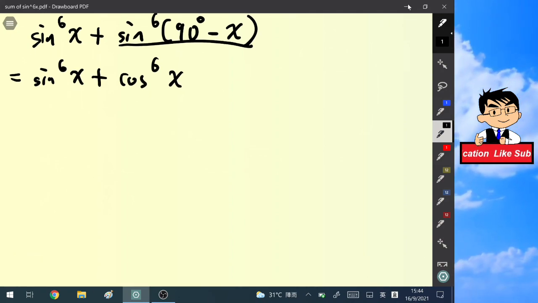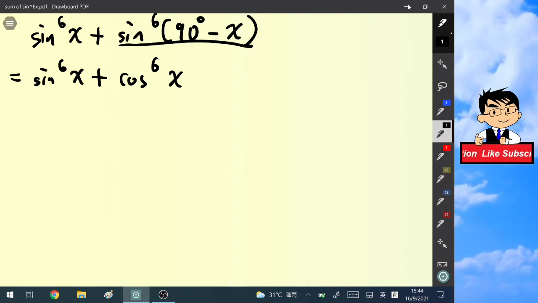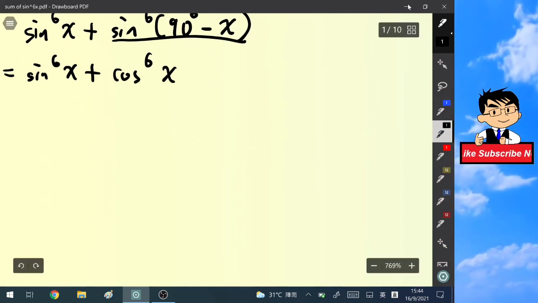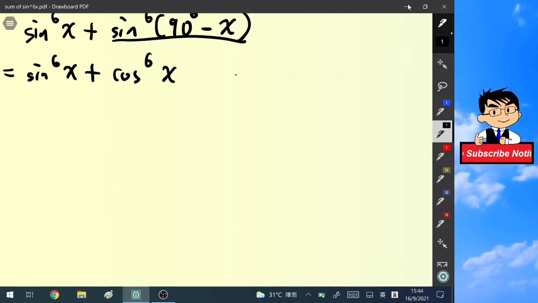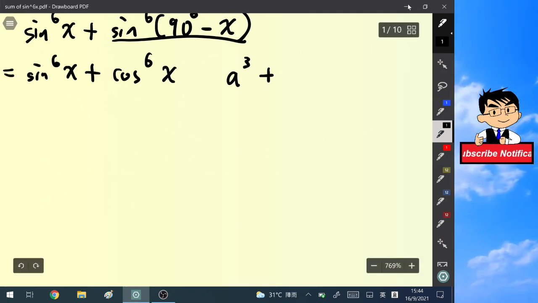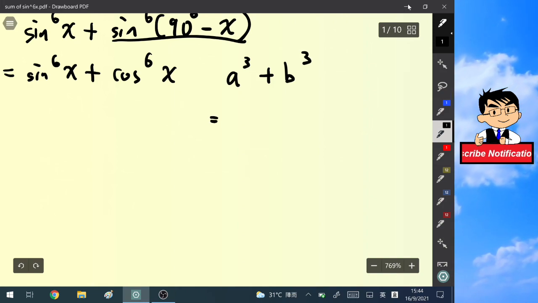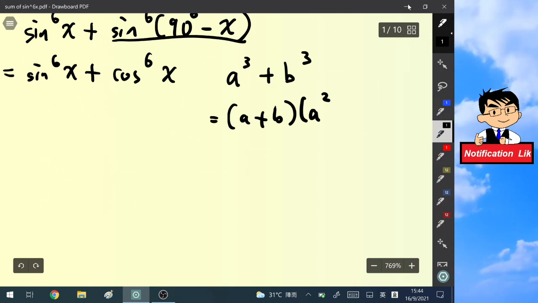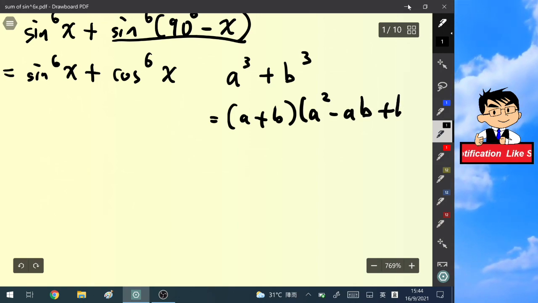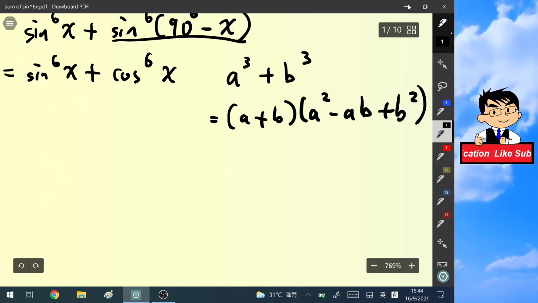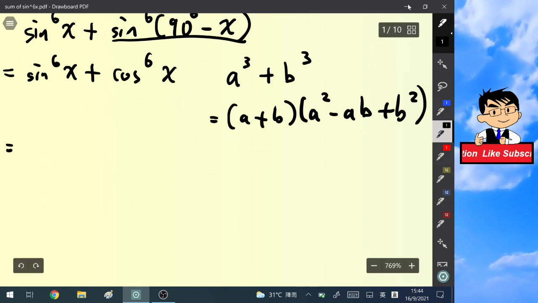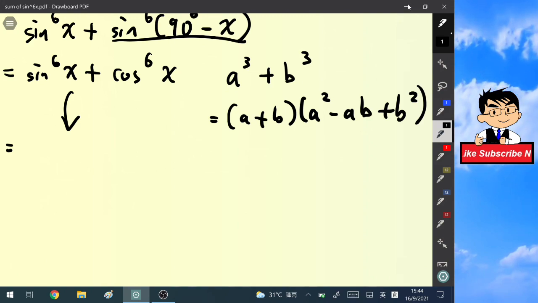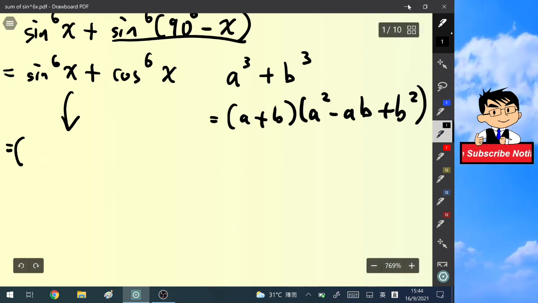The sum of the two terms with power of 6 reminds me of the cubic identity: a cube plus b cube is equal to (a plus b) times (a square minus ab plus b square). So we can factorize it using the identity.